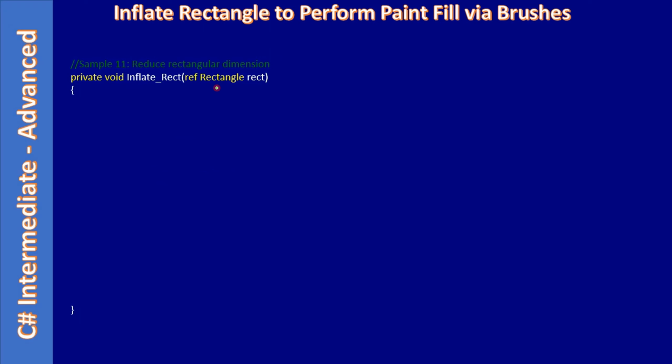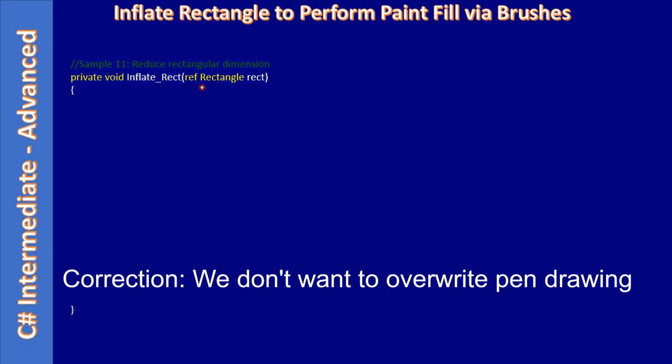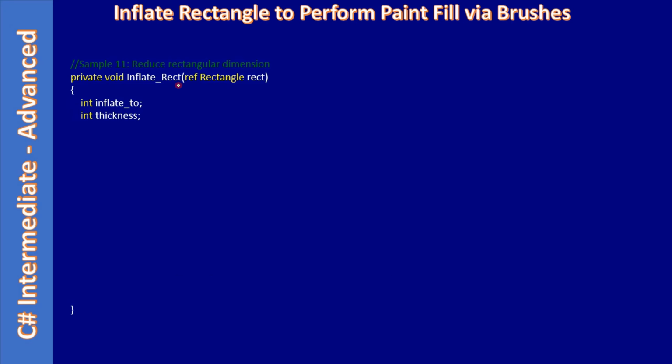Next, we have inflate rectangle. Why? Because when we are painting the rectangle, we don't want to override the stuff that is drawn by the pen. So for inflate we need a variable, which is the pen thickness. Based on this pen thickness we have to inflate the rect. Let's say this is the original rectangle.